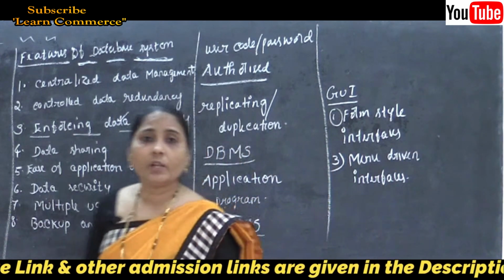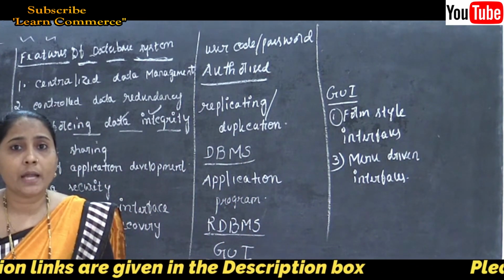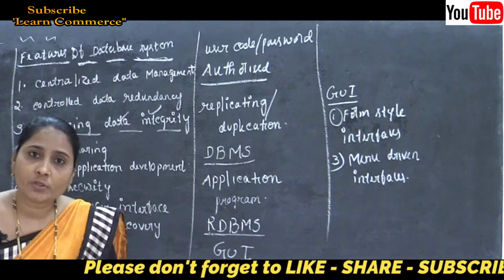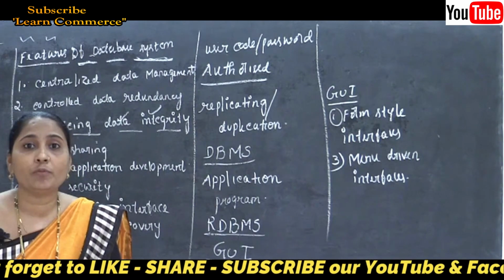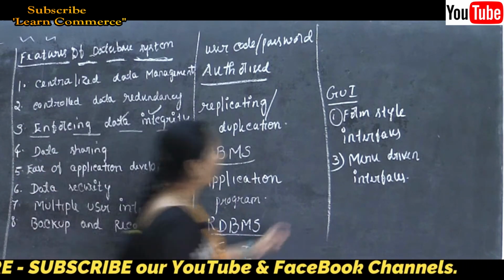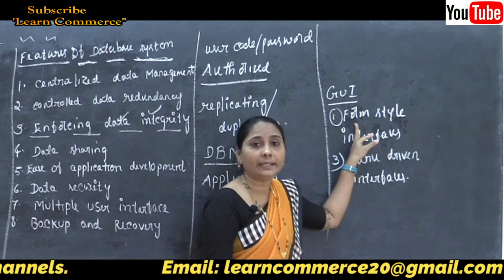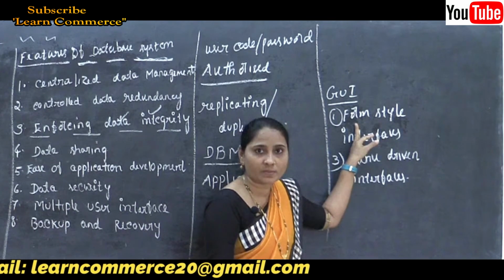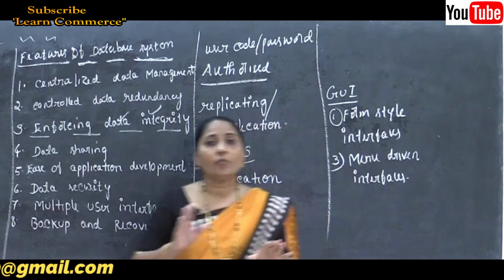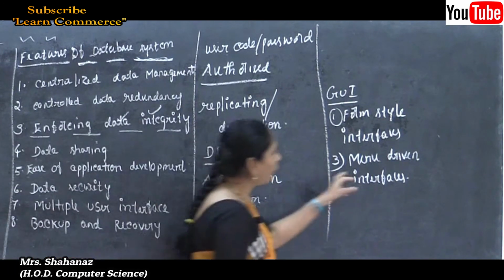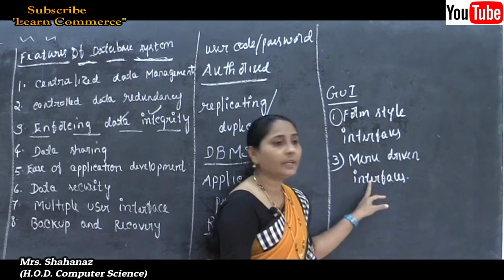In form style interfaces, each user is going to interact with a form. The form is displayed, and the user interacts using these forms, just like a form interface. The second is our menu-driven interfaces.